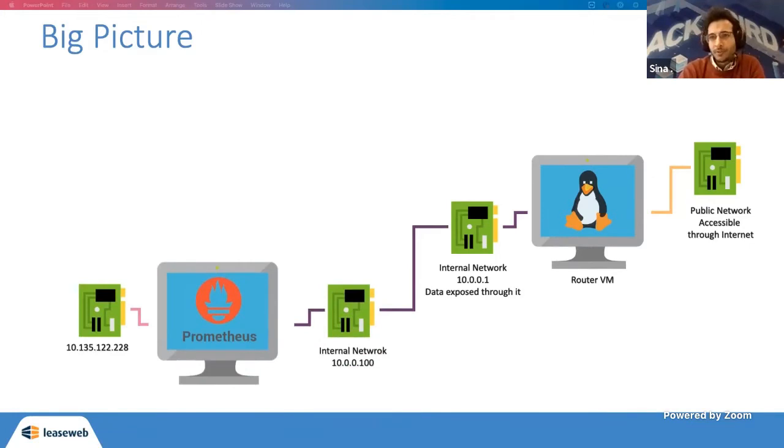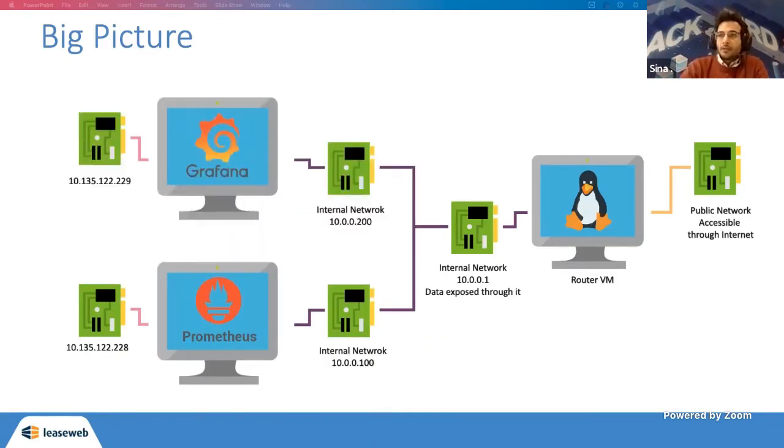Then the customer creates a VM in that network and installs Prometheus there, or uses the one they already have, and scrapes the data from the router VM. They can also use Grafana in the same network, get the Prometheus data, and show it really nicely.